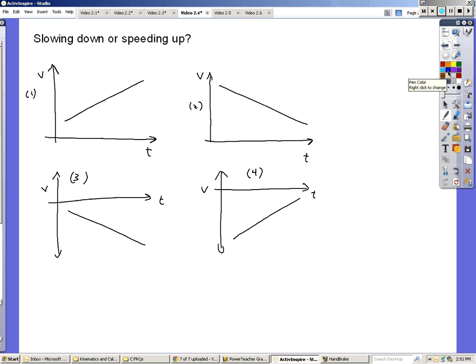Now first off, for graphs 1 and 4, the acceleration is clearly positive because the slope is positive. And similarly for 2 and 3, the acceleration is negative because the slope is negative. In graph 1, also the velocity is positive, as is in graph 2. And in graphs 3 and 4, the velocity is clearly negative.